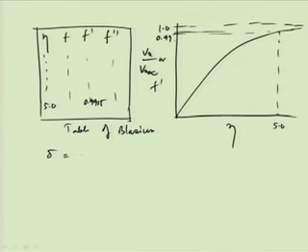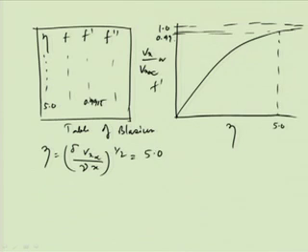delta is equal to 5, or rather we can say that eta is equal to delta into V x infinity by nu into x, whole to the power half, and that is equal to 5.0.